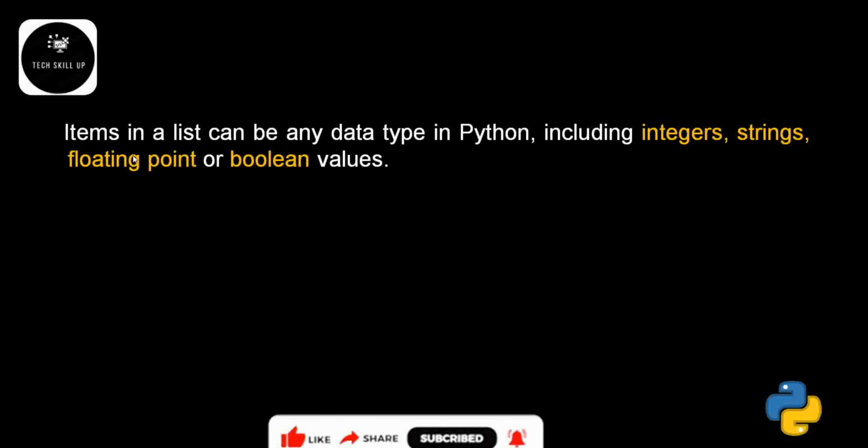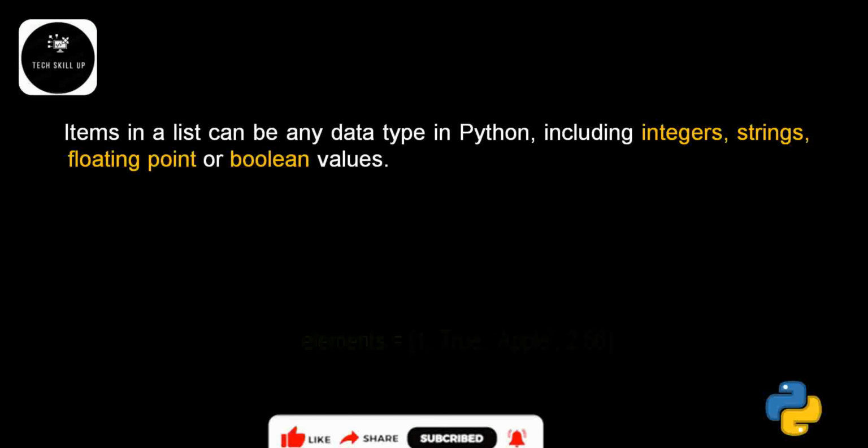The list items need not be of a single data type like an array in other programming languages like C, C++, Java. Instead, Python can store different data types of elements in a single variable. A list can support any type of data, which may be an integer, string, floating point or boolean values.